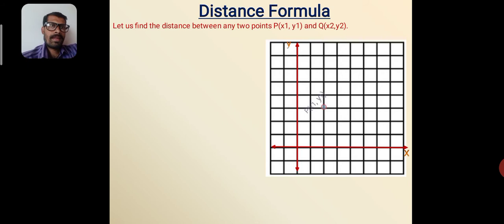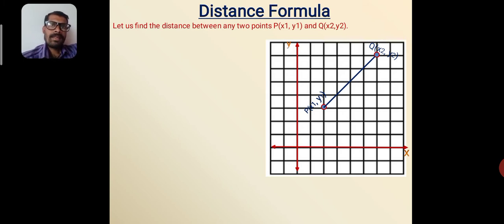So let P of x1, y1 be in the plane, and let me consider one more point Q of x2, y2 in another part. The distance between these 2 points is given by PQ. So I have to find this distance here, PQ.